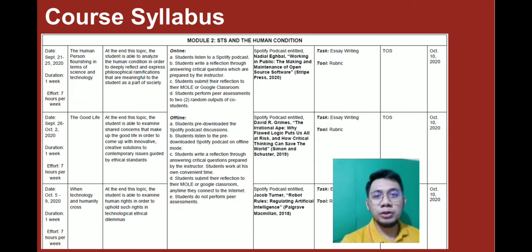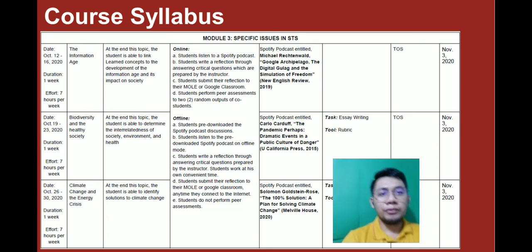In module 2 you have 3 topics and 3 weeks to accomplish them, and you have 3 reflection papers to submit. You need to submit them on October 10, 2020. The third module is entitled Specific Issues in Science and Technology and Society.